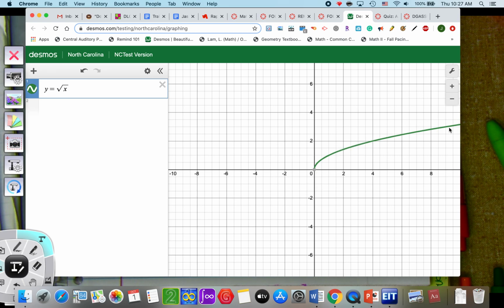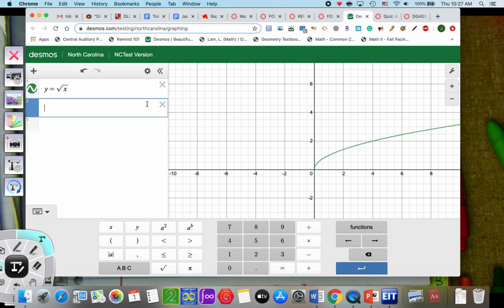Here's your radical function. And if I want to go down 2 units, then at the end of the function I just subtract 2, and you notice here on the graph it went down 2 units from the parent function.